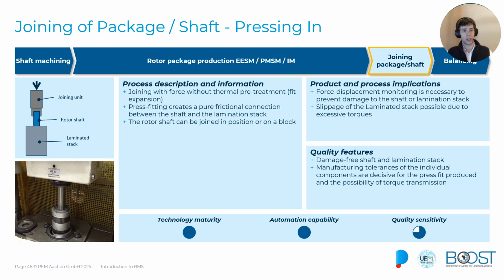A pressure machine then applies controlled pressure, pushing the rotor onto the shaft until they are tightly joined. This method ensures a secure fit through friction and interference, maintaining alignment and stability during the operation.